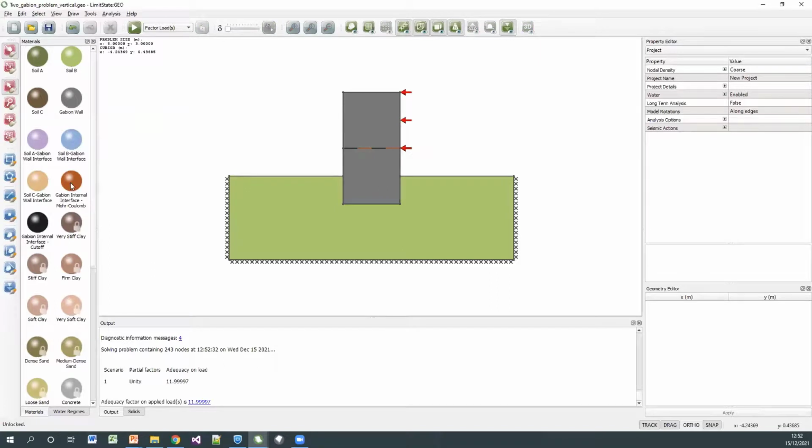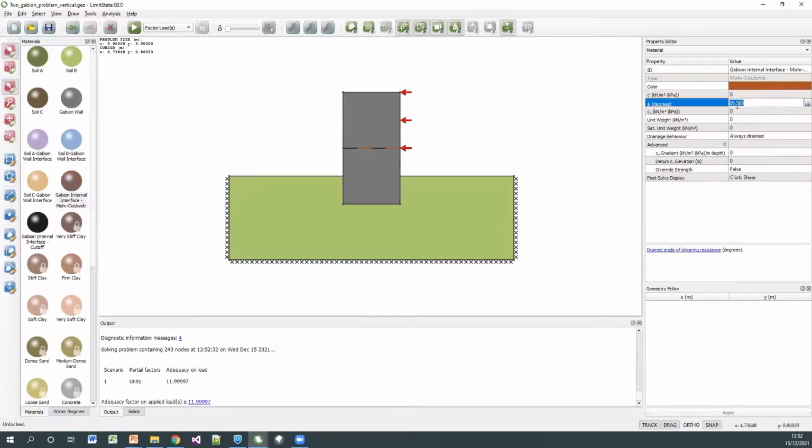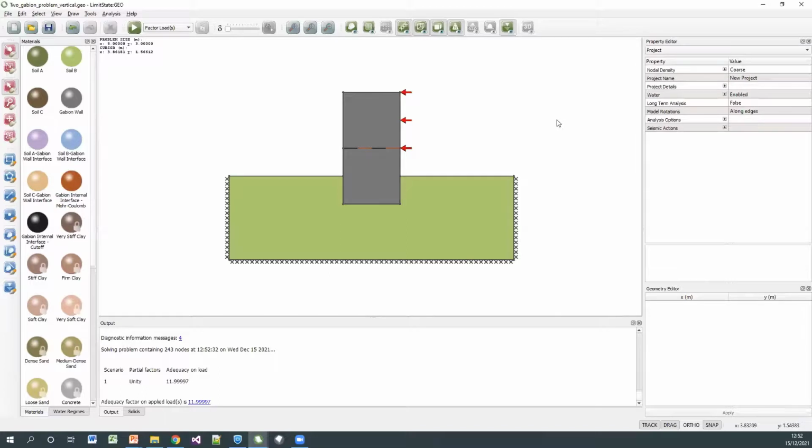If I increase the friction angle to say 45 degrees, then the force required to make it slide is actually bigger than the force required to make it rotate, and it will revert to the rotational mode. So it'll always pick the most critical mode. Okay, so that's a quick run through of that interface material.